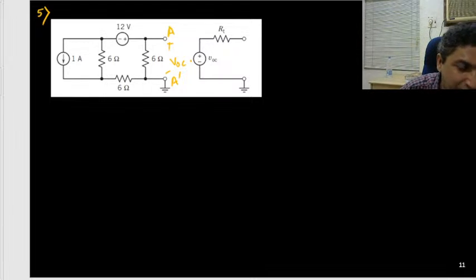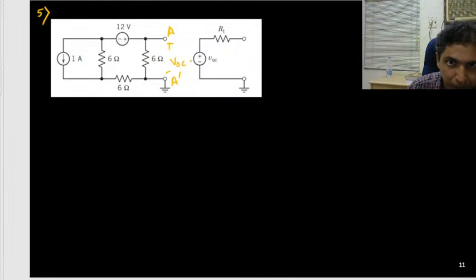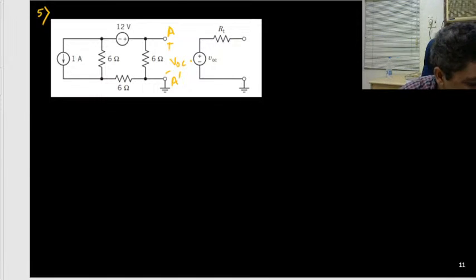Now how can you find VOC? Which method will you use? So VTH, he is saying 2 volt. Okay.